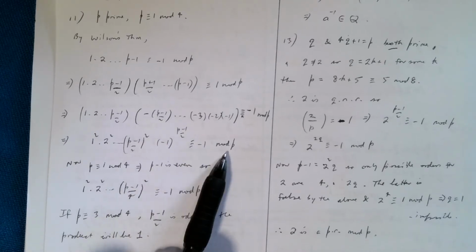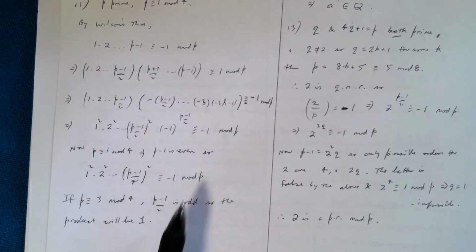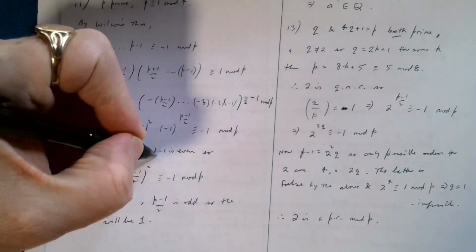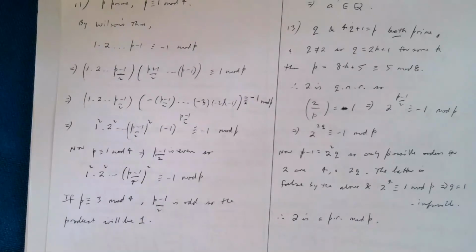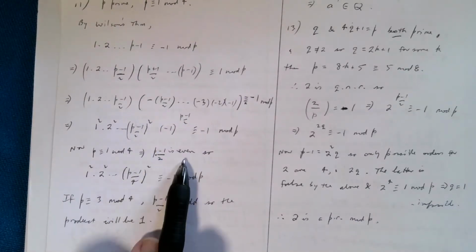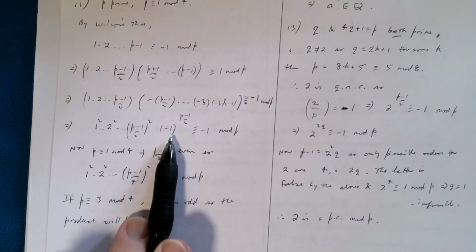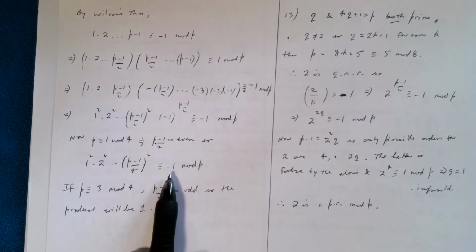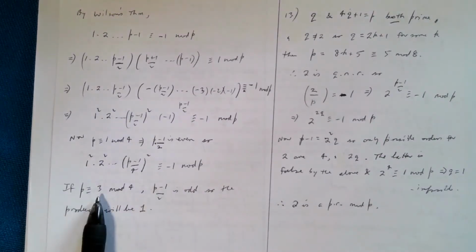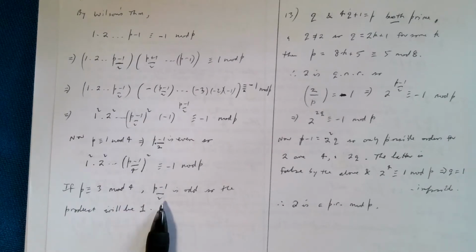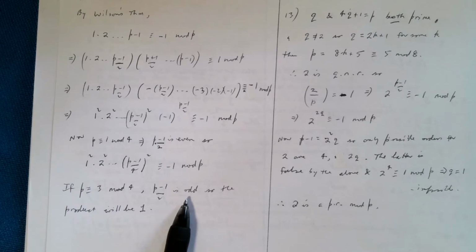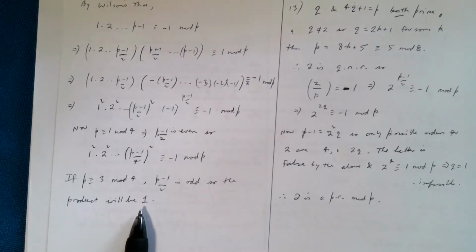Now p is a 1 mod 4 prime, so (p minus 1)/2 is even, so that sign is 1, and the product is then congruent to minus 1 mod p. In the case of a 3 mod 4 prime, the computation is exactly the same, except this exponent is odd, so in this case the product will be 1.